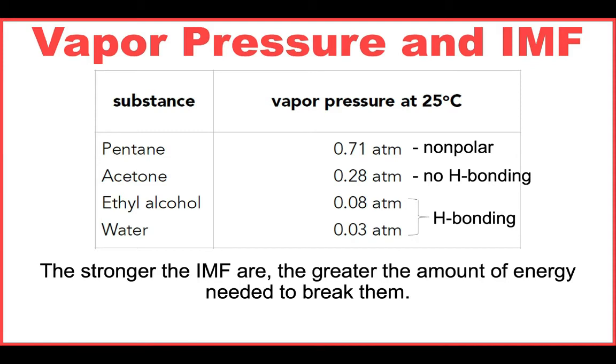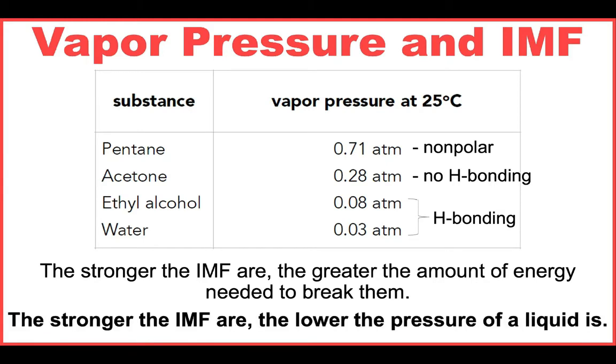But for molecules with strong intermolecular forces, gathering enough energy may not be as easy and therefore they register low vapor pressures. So with that, the stronger the intermolecular forces are, the lower the vapor pressure of a liquid is.